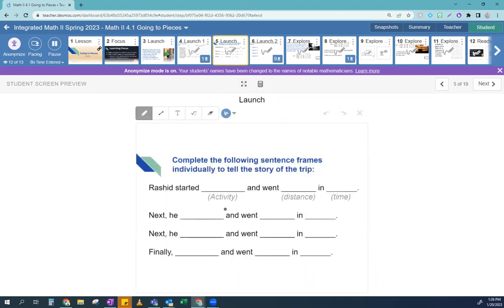So we're going to move on to this one really quick. So you can make up whatever story you want. Someone said that he ate. So someone said, you can write that. Then he ate something. Right? That was the second one. And so he went, let's see, how far did he drive? He rode 0 miles in 5 minutes, right?